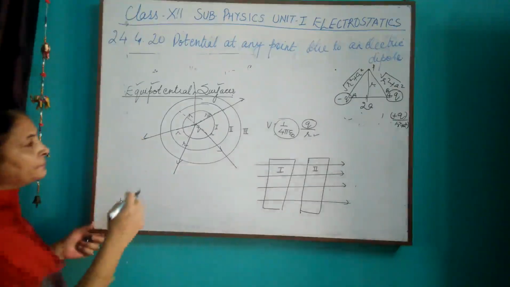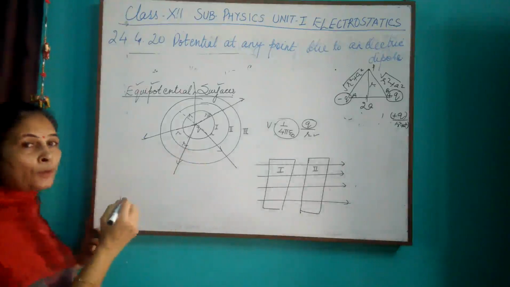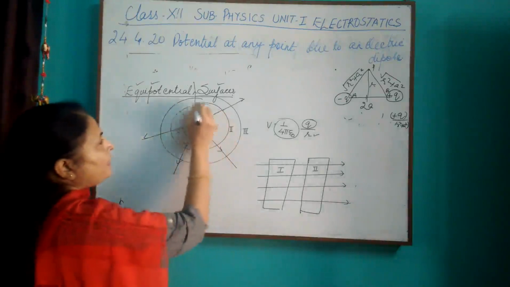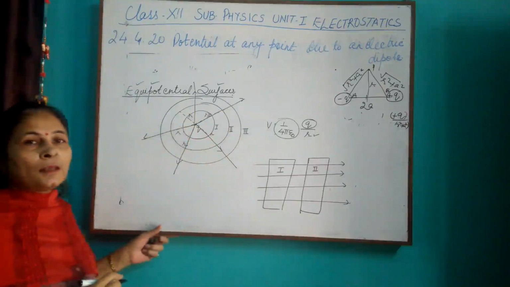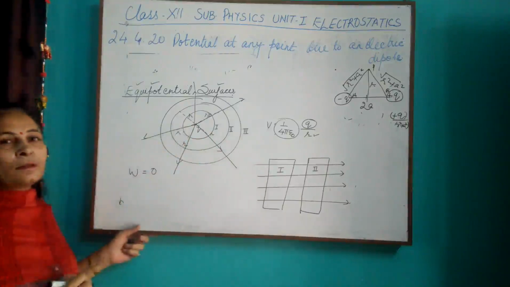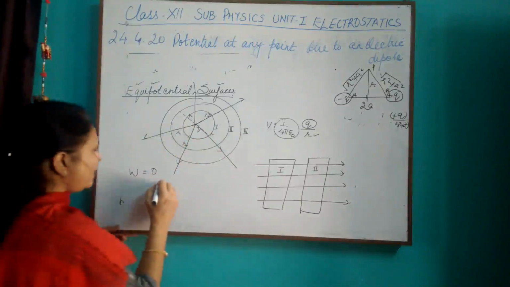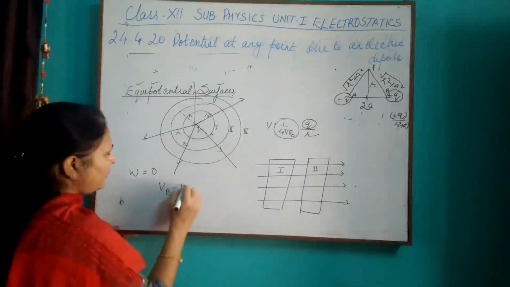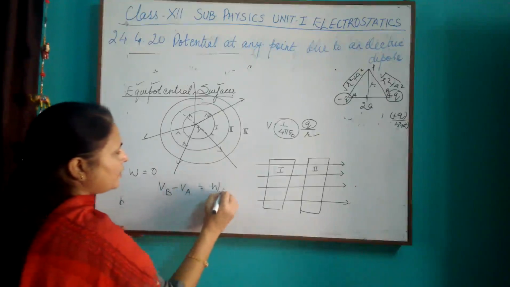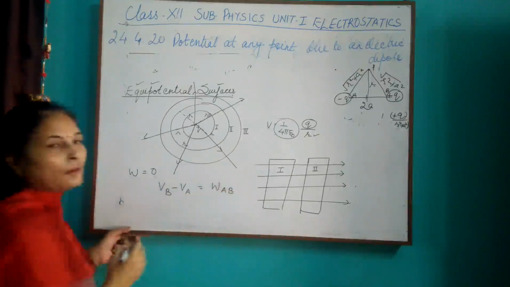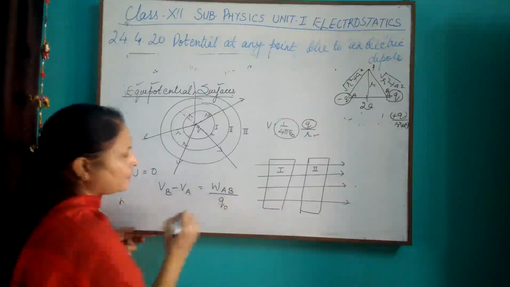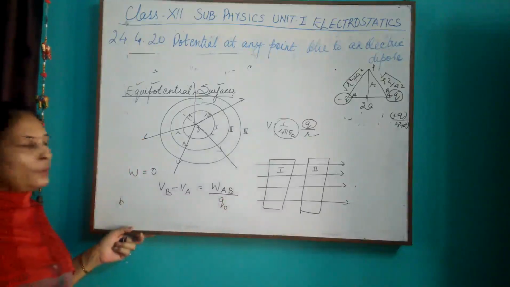The main property of this equipotential surface is that on an equipotential surface, the work done will be 0. See, we already had the formula VB minus VA is equal to work done in moving a charge from A to B if the charge is, say, Q naught.